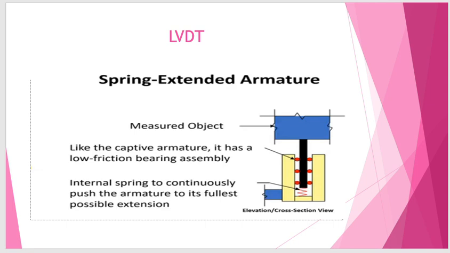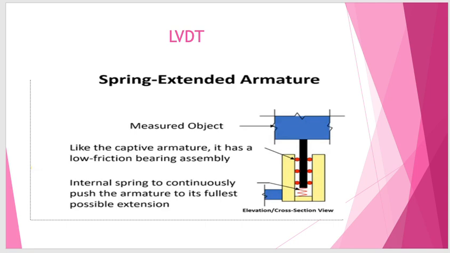The difference is that previously with the unguided type, the armature and the body were separate. Here we cannot separate them. This type of LVDT is called the captive gas spring return type, which has a spring extended armature, and the contact with the target surface is for measuring the surface displacement, which will remain the same as the spring displacement. So we can also use it for surface measurement. That's the deal with the spring extended armature type LVDT.